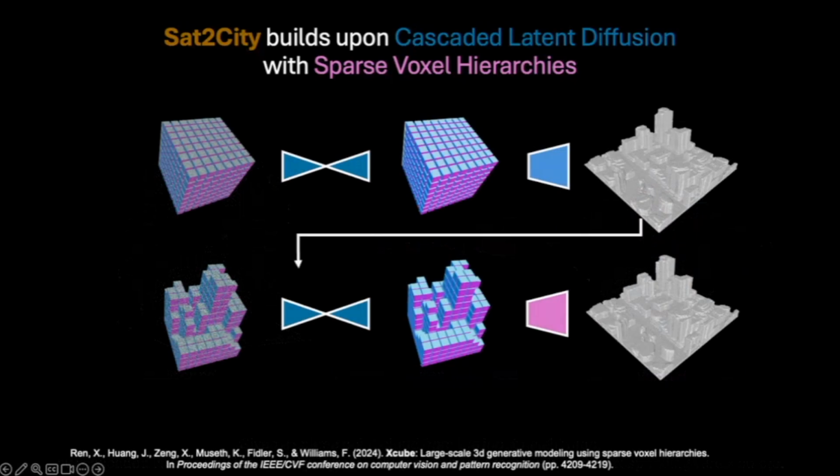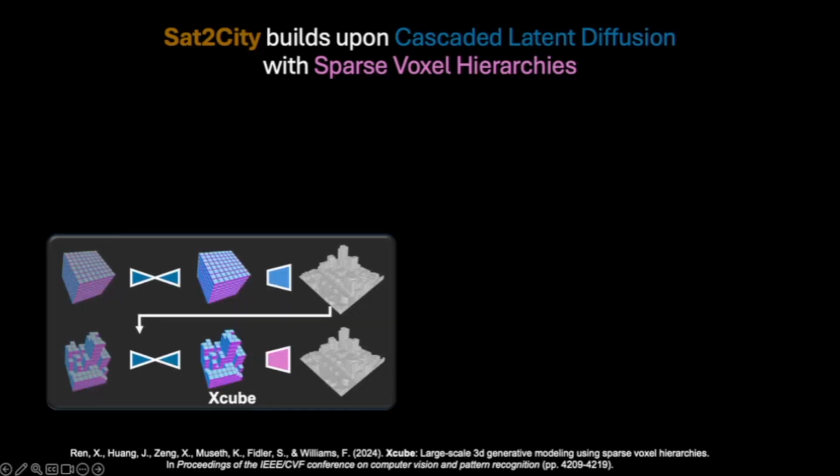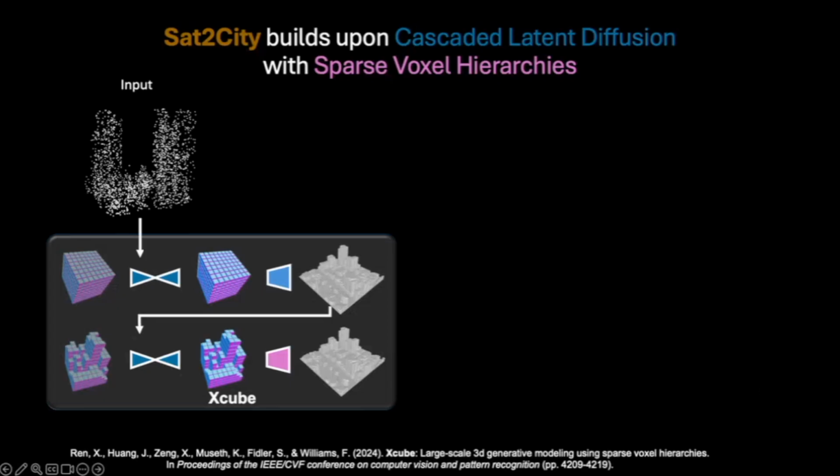Our implementation adopts X-Cube's sparse voxel grid as a unified neural representation for joint geometry and appearance encoding. We start from the input height map, which is lifted into a sparse conditional point cloud. This point cloud provides the initial geometric cue for our model. From here, our pipeline is built upon three cascaded stages.